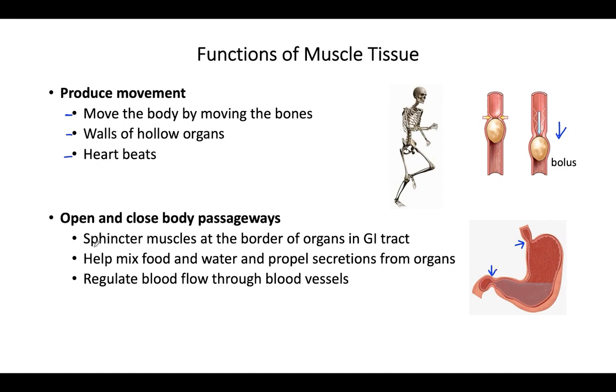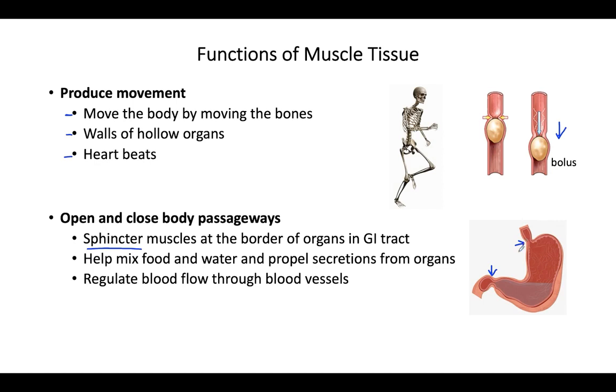We call this a sphincter. This sphincter muscle is at the border of organs in the gastrointestinal tract, the GI tract, the digestive tract. Once the bolus enters the stomach, this sphincter closes so that it prevents the bolus from flowing backward.